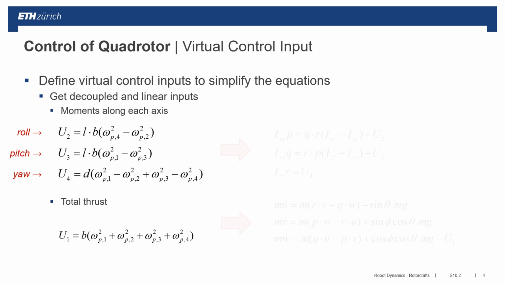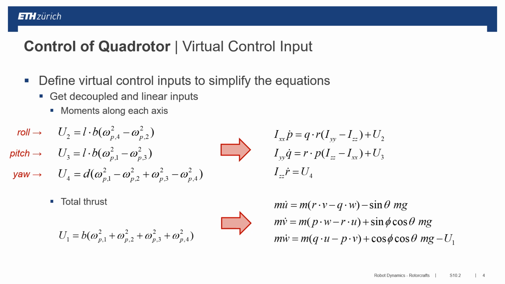If you do this and plug this into the dynamic equations we have seen before, we get then a simplified description of the whole system where we have also a very strong decoupling with these virtual control inputs.